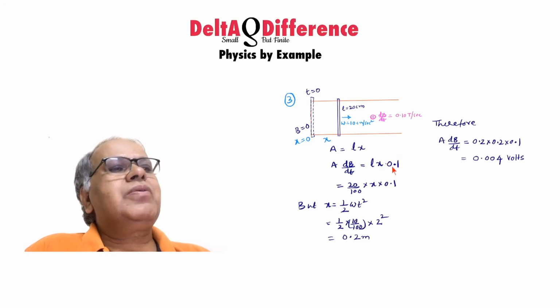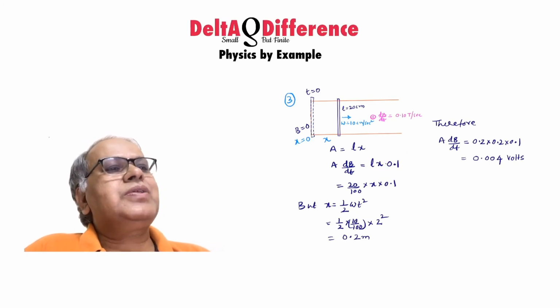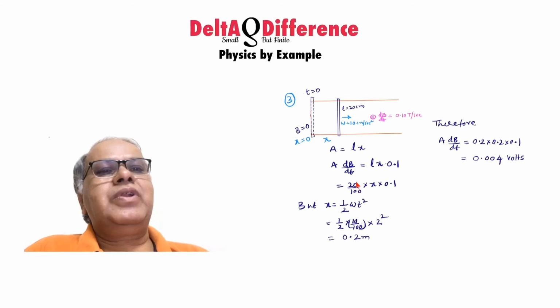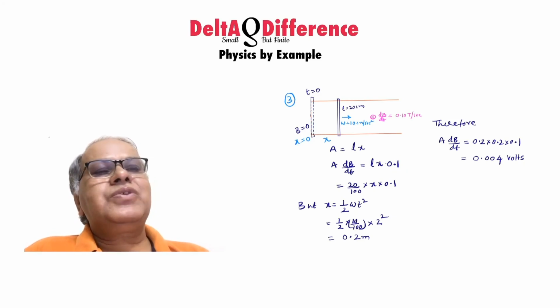dB by dt is given in the question itself. That is 0.1 Tesla per second. So Lx into 0.1. L is there for us, that is L equals 20 centimeters, 20 by 100, we convert that into meters. x, of course, is unknown, and dB by dt is already given. So x we need to find out. It was told that the rod starts from rest and moves with an acceleration.